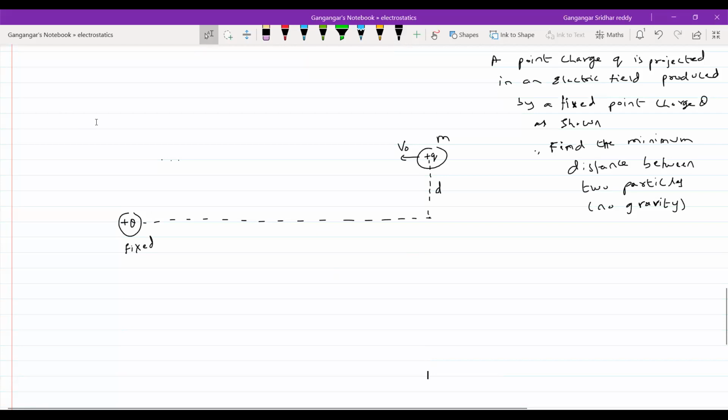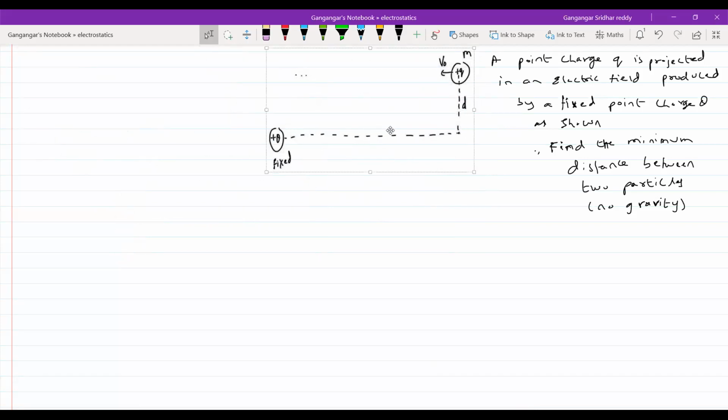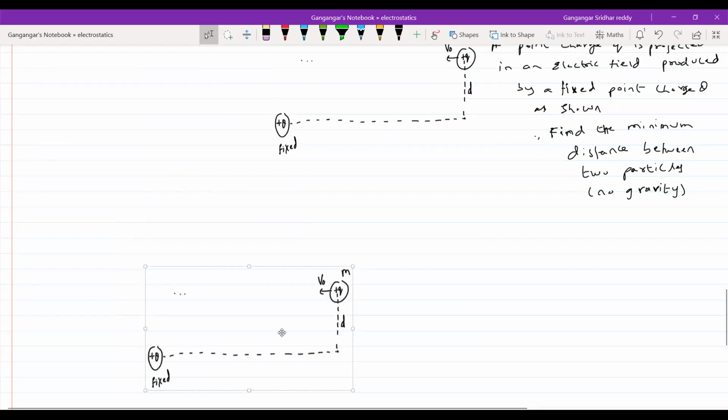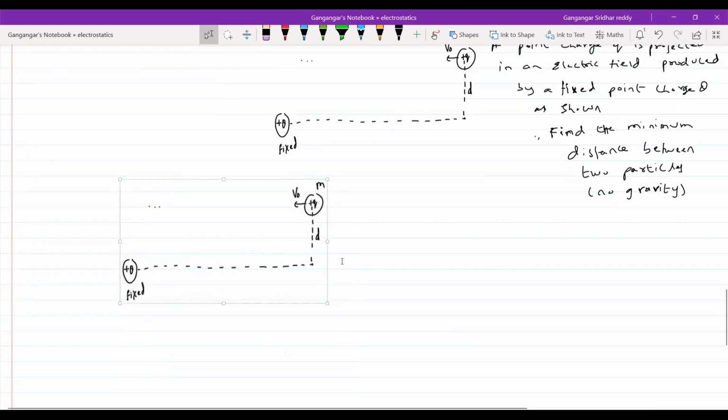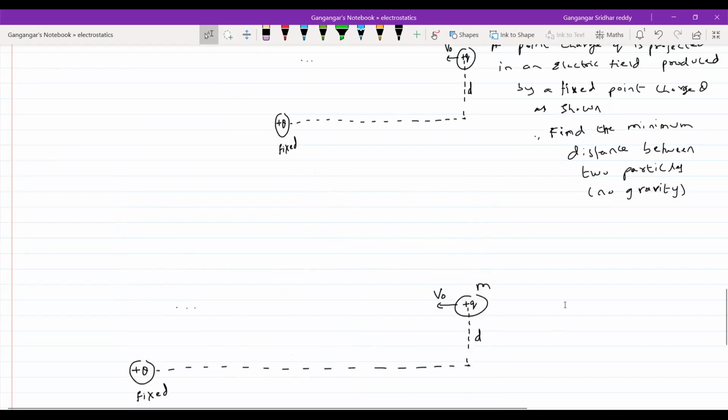Let this be the question. So how is the possible path of this one?